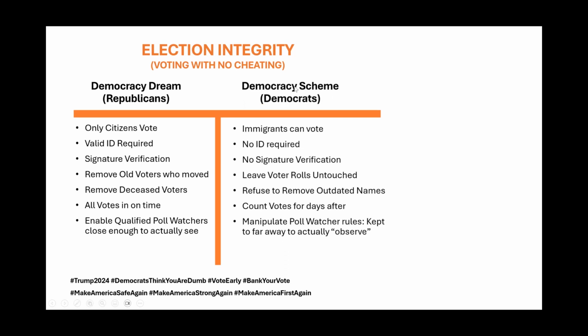What's the scheme of the Democrats? The democracy scheme: immigrants can vote, no ID required, no signature, leave voter rolls untouched, refuse to remove names, count votes for days after, and actually allow poll observers to watch. There's some really fascinating machinations with words. Words matter. The law with poll watchers said they must be able to, quote, observe the vote.